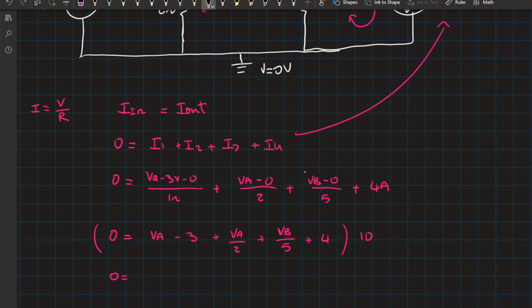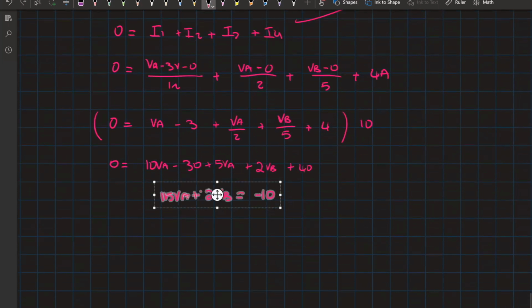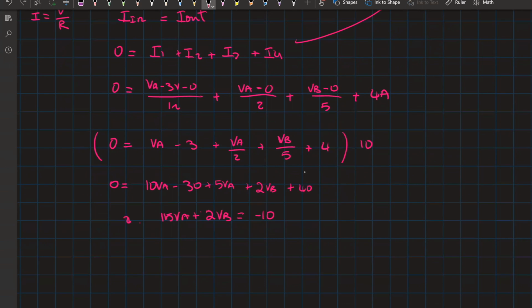By multiplying by 10, we have 10 VA minus 30 plus 5 VA plus 2 VB plus 40. And now we can simplify this to be 15 VA plus 2 VB is equal to negative 10. And now we have our equation 2.